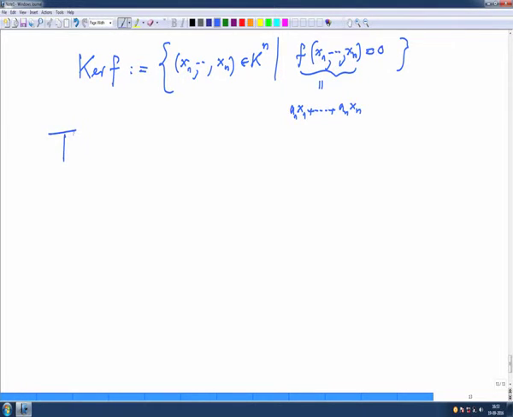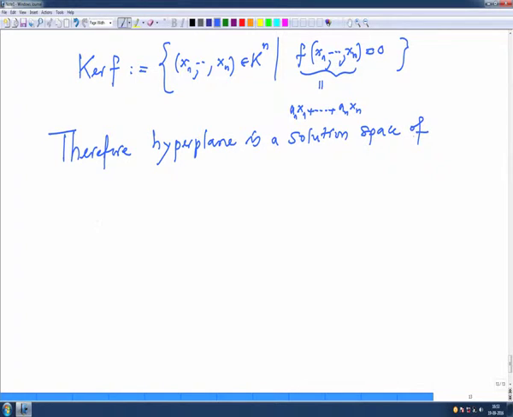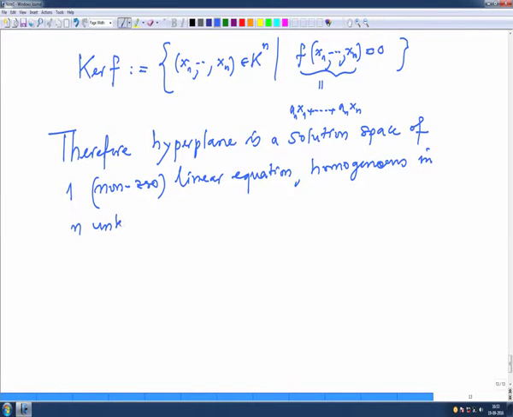So, therefore, what we noted is that a hyperplane is a solution space of one non-zero linear homogeneous equation in n unknowns, where this n is the dimension of the space.